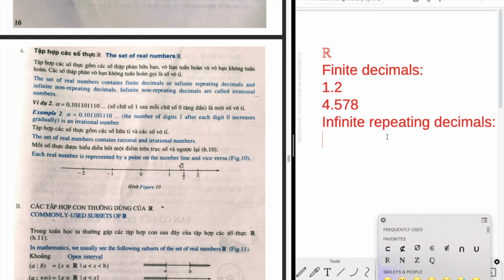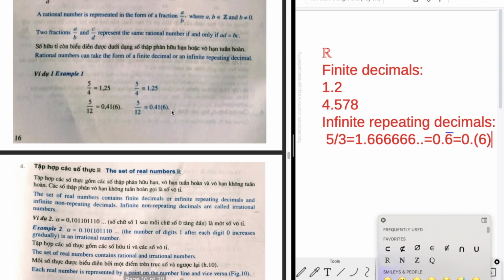Infinite repeating decimal. For example, you see 5 over 3 equals 1.6666, a lot of digit 6. We see the digit 6 is repeated, so we can write 1.6 with a bar over the digit 6, or 1.6 with the digit in parentheses.